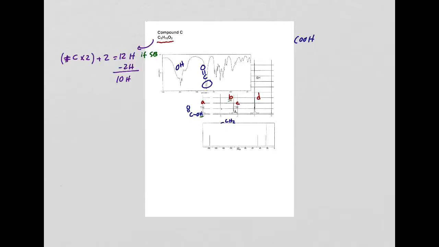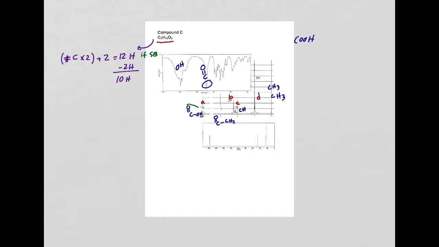Now, what do I have for C? I have a CH and it's a multiplet. So it's got a bunch of things around it. And D, I have 6 hydrogen. It's probably a CH3 and a CH3. That's all I know so far.